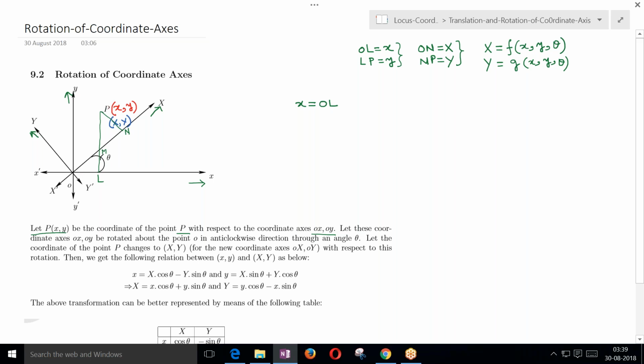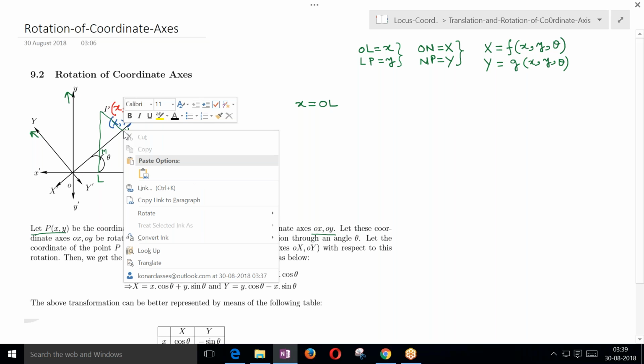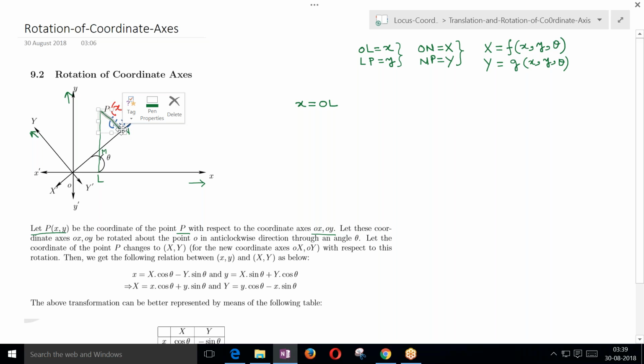Let me draw a perpendicular, and suppose this gives a new point, not P, I give it the name Q, and I give this one as R.